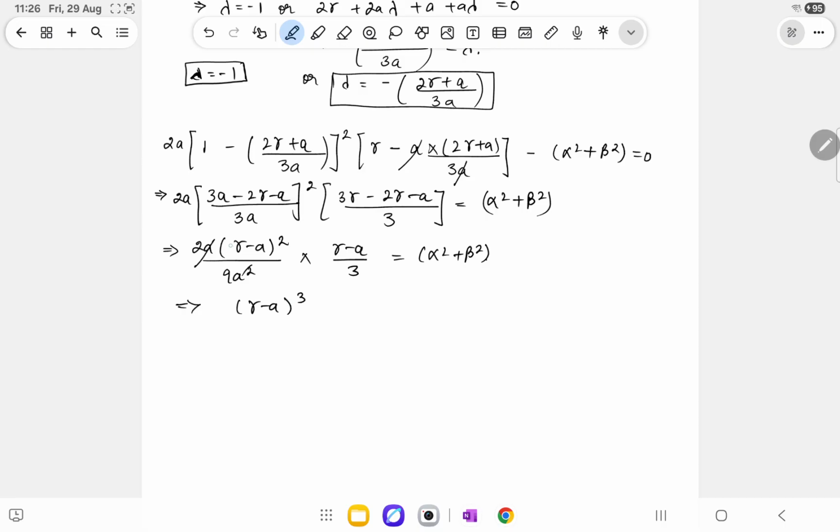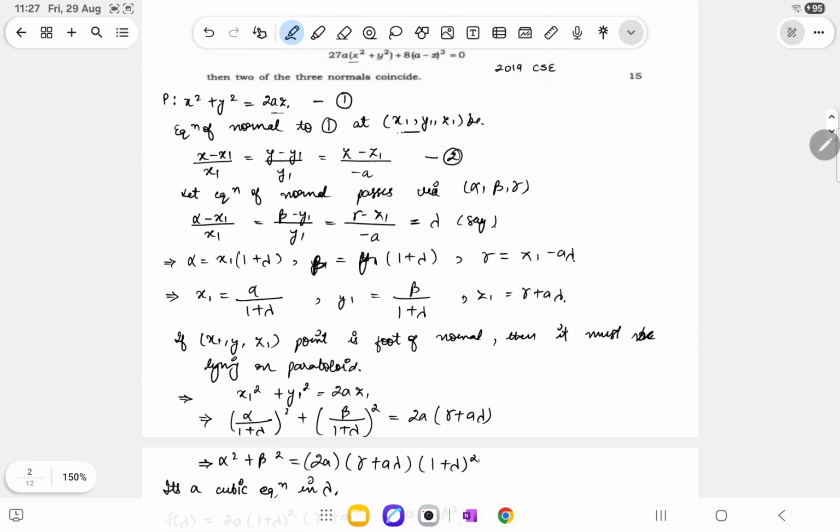Here I'll get minus 2 gamma plus 2a. I can take 2 common, and the square of that will make the coefficient 8 into gamma minus a cube is equal to 27a into alpha square plus beta square. And I guess this is the relation that we are supposed to prove.